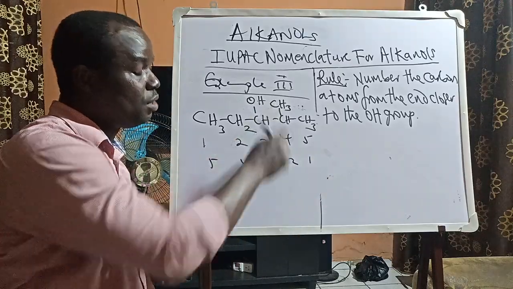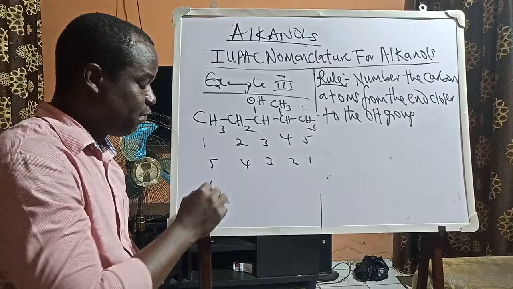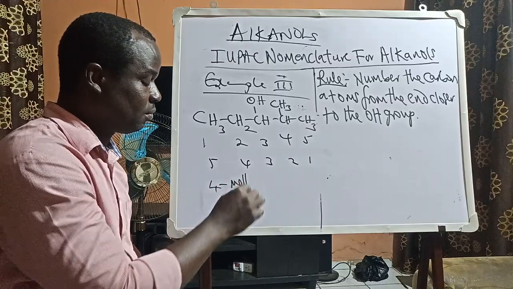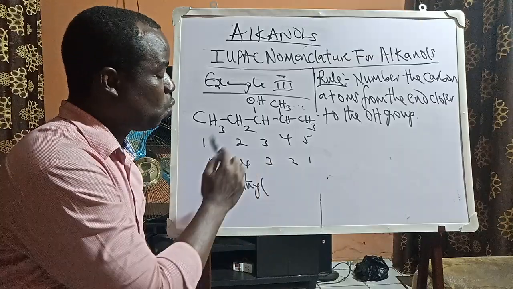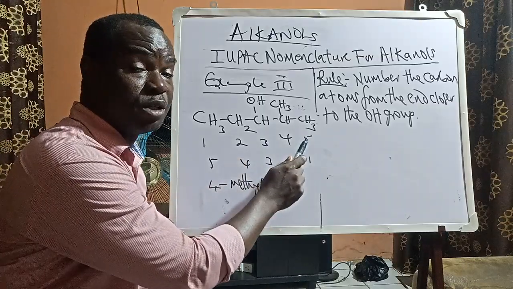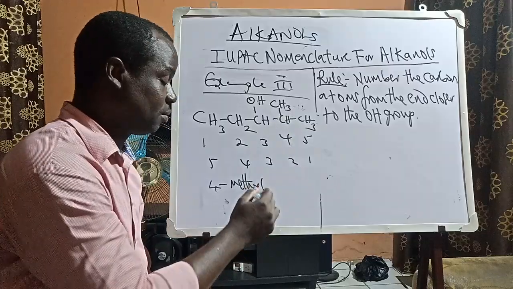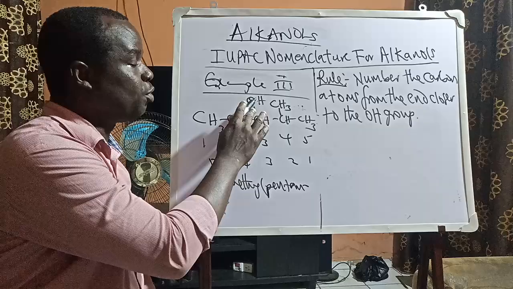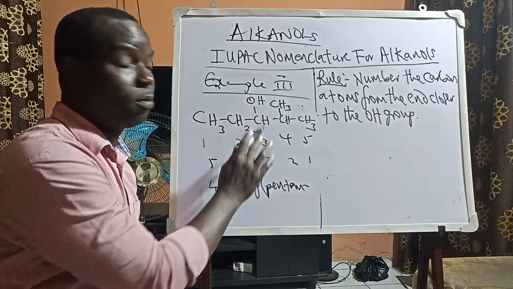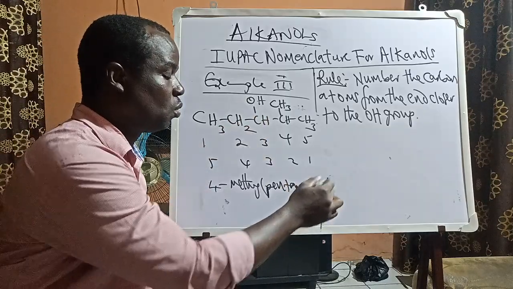So the name will be 4-methyl. 1, 2, 3, 4, 5. I told you what 5 means. 5 means pentan. Then the OH, which is the ol, belongs to carbon number 3. So 4-methylpentan-3-ol.